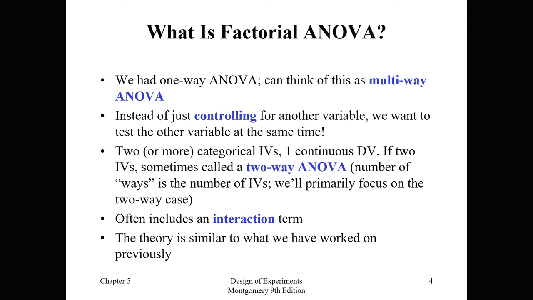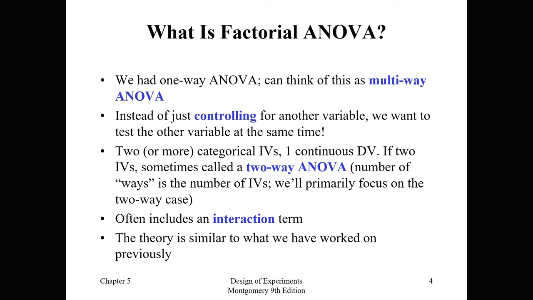So we've had the one-way ANOVA, which involved doing an ANOVA with a single independent variable. When we talk about factorial ANOVA, another way to think about this is a multi-way ANOVA. Just like a one-way ANOVA had a single independent variable, in this case, we're going to have multiple independent variables.